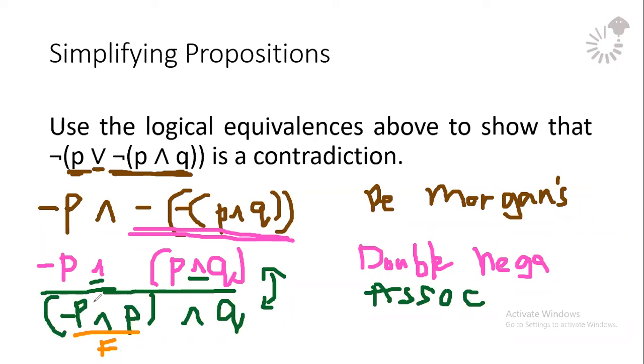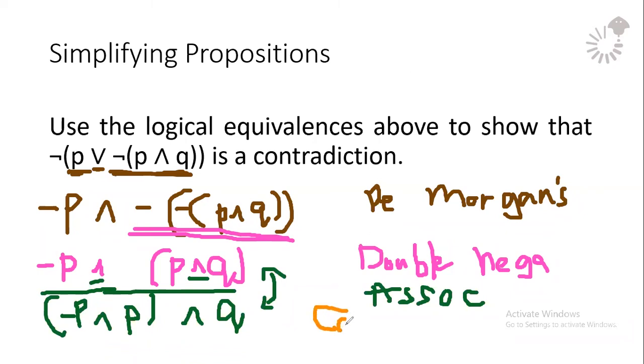Pagbalik na rin man natin yan. So, P and negative P. Pareho lang yan. So, that is actually commutative. So, commutative law muna. Commutative law.